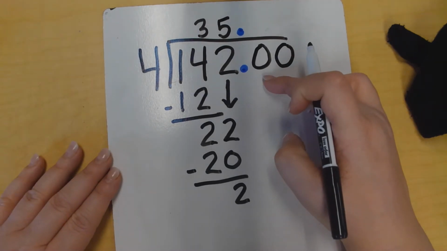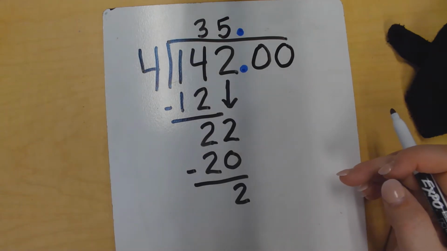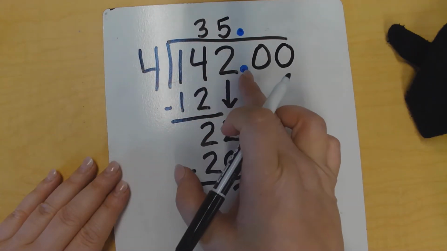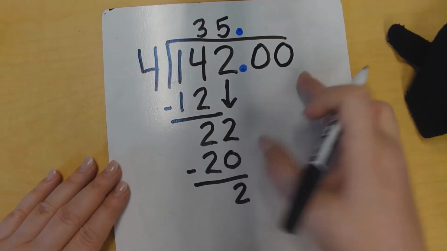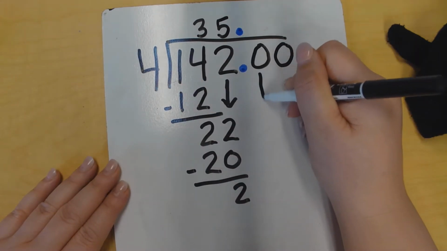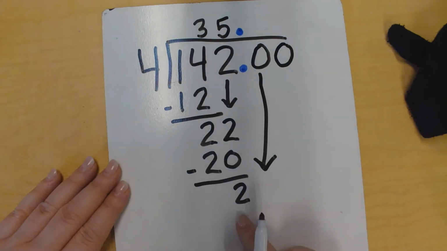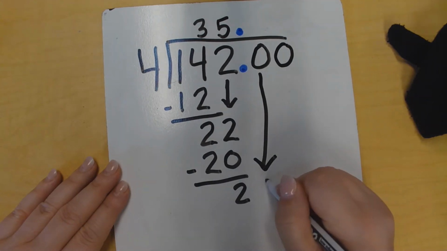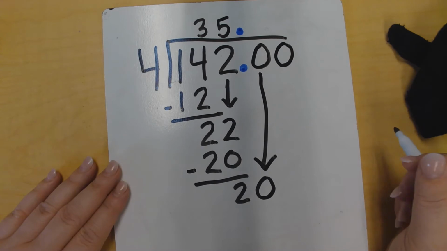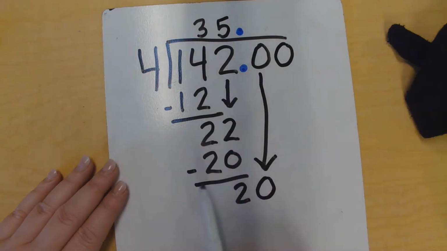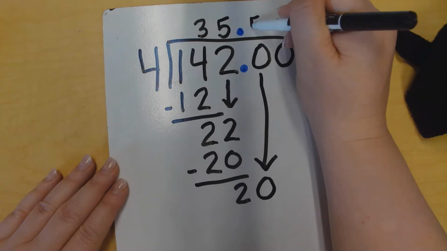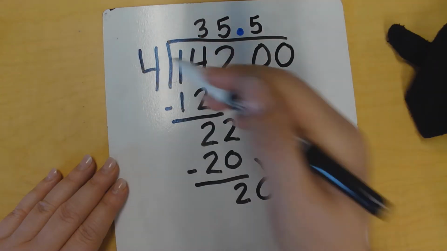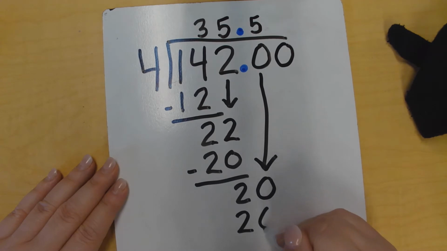But we want to show these zeros, and we're just going to take the next step as if we've turned this 3-digit number into a 5-digit number. We're going to bring that 0 down next to that 2 remainder that we had, and we're going to create 20. So 4 goes into 20 5 times, just like we did already. And 5 times 4 is 20, and you end up with 0.